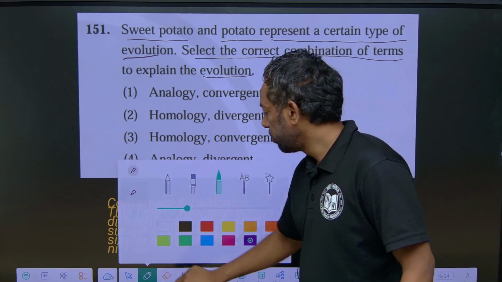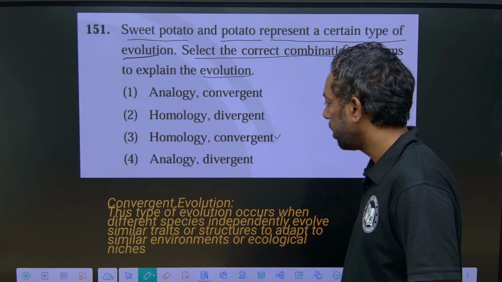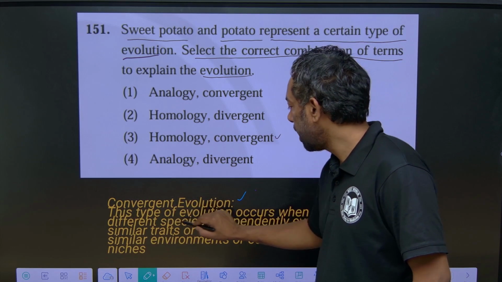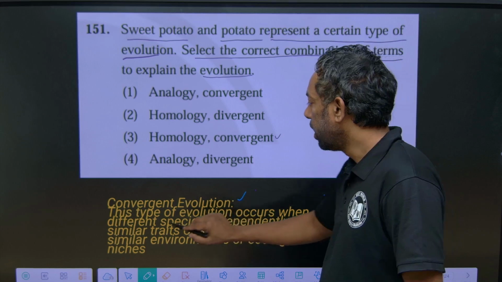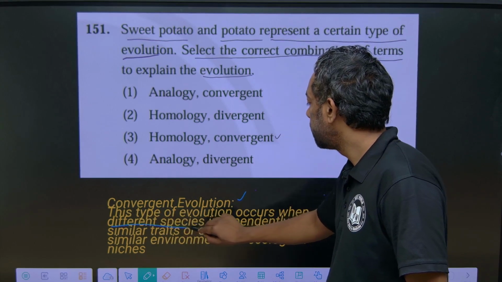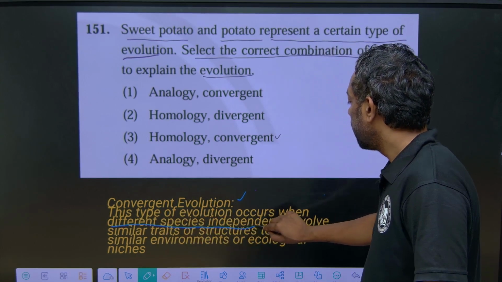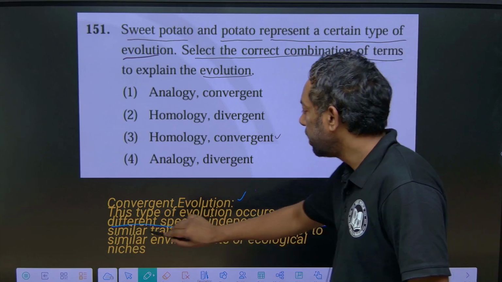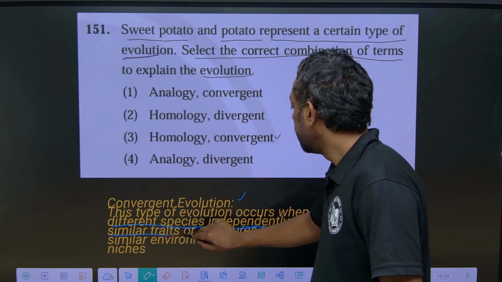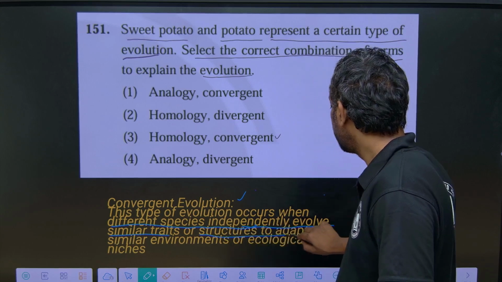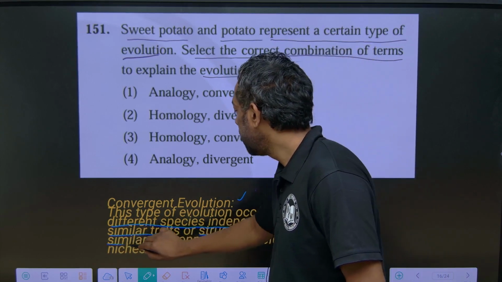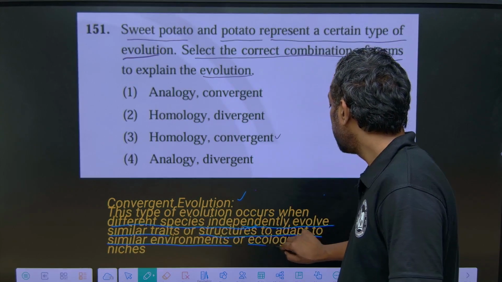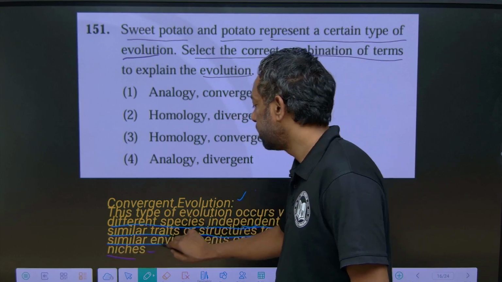Convergent evolution is the type of evolution that occurs when different species independently evolve similar traits or structures to adapt to similar environments or ecological niches.